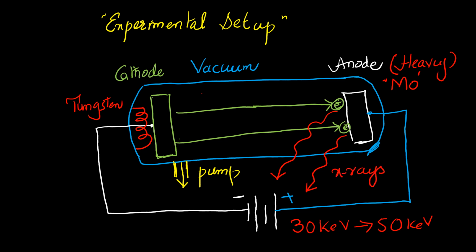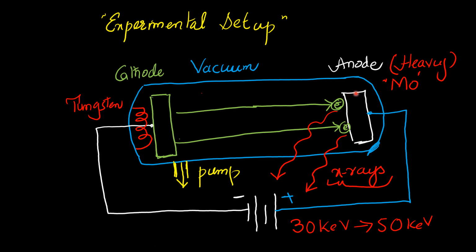Now, the name X-rays is quite interesting. It was because the nature of this new type of electromagnetic radiation was unknown. Due to this, the radiation produced in a glow discharge tube was called unknown radiation or X-rays.